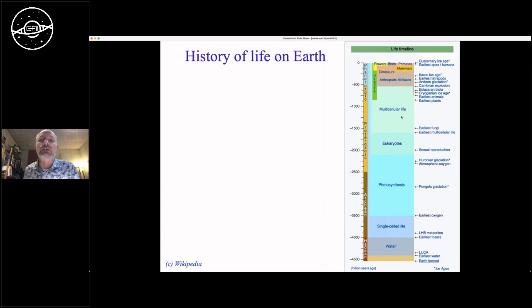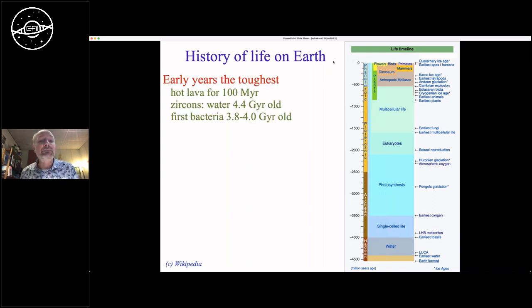They can divide up the tasks between them, and this leads to more modern forms of life like plants and animals, about 500 million years ago. And of course, mammals and human beings are much more recent than that.